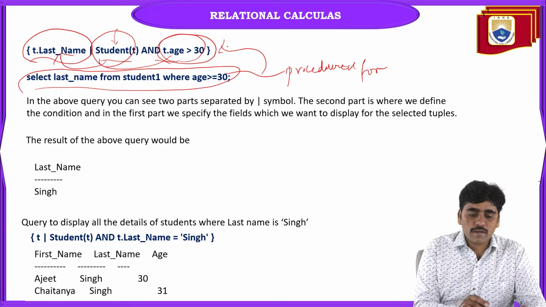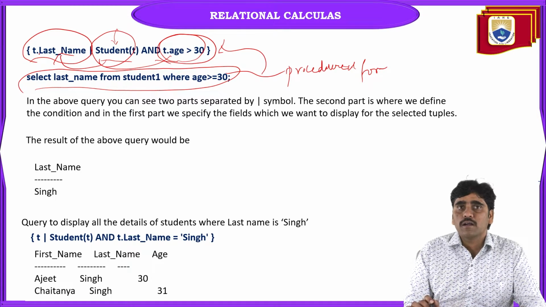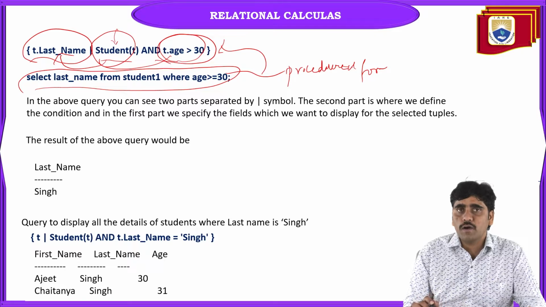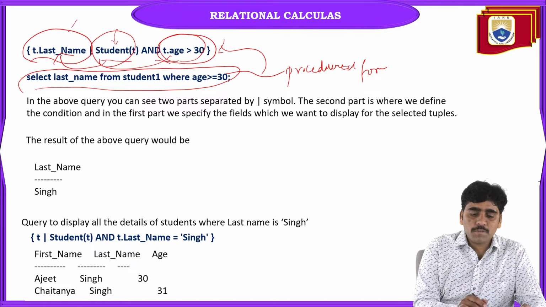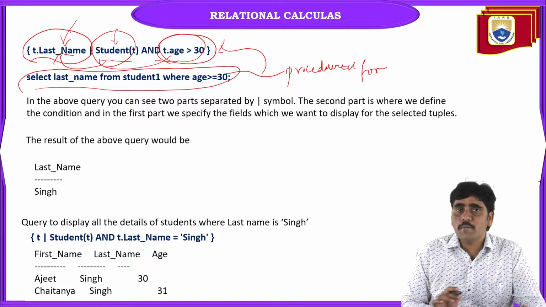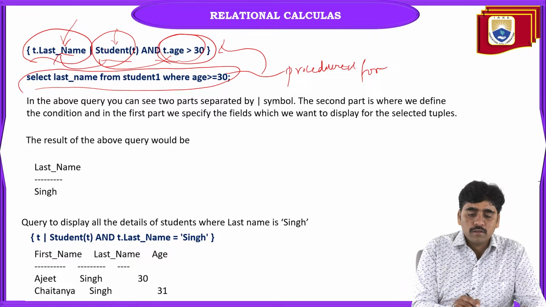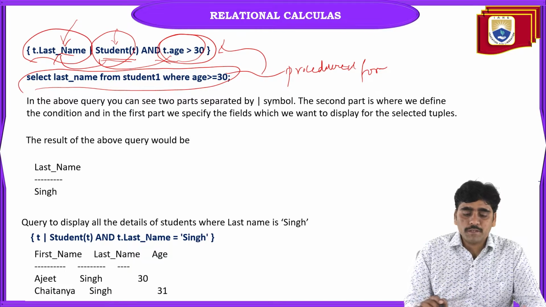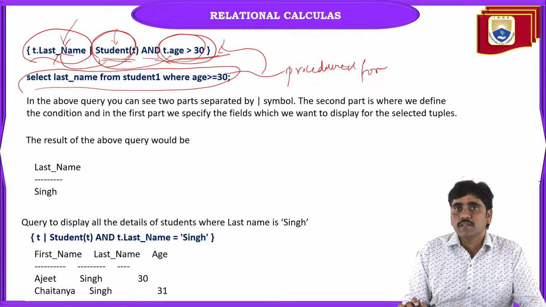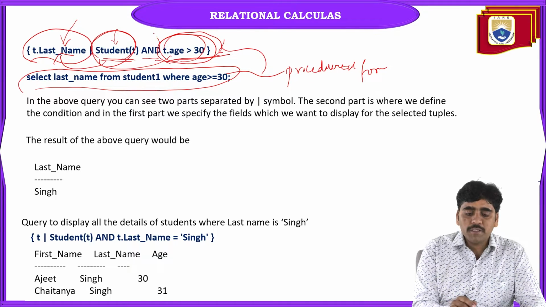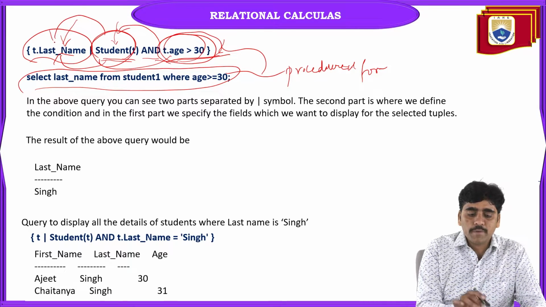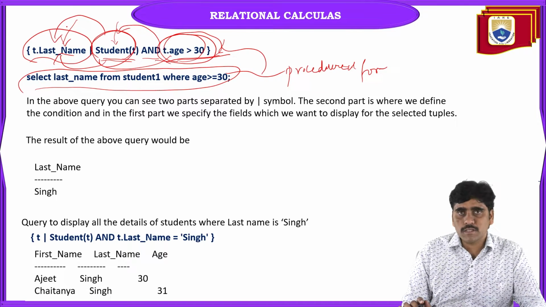So we write: t dot last name, the table is student, and the condition is t dot age greater than 30. On this condition, from this table, I am going to display last name as a tuple.